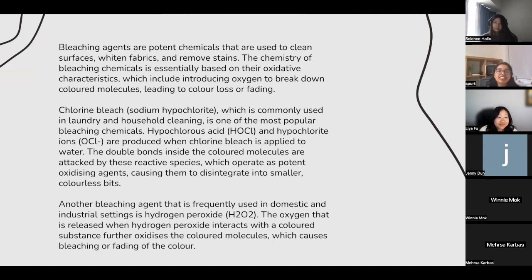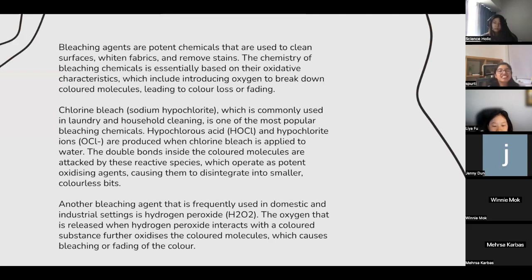Chlorine bleach, which is commonly used in laundry and household cleaning, is one of the most popular bleaching chemicals. Hypochlorous acid and hypochlorite ions are produced when chlorine bleach is applied to water. These reactive species, which operate as potent oxidizing agents, attack the double bonds inside the colored molecules, causing them to disintegrate into smaller, colorless bits.